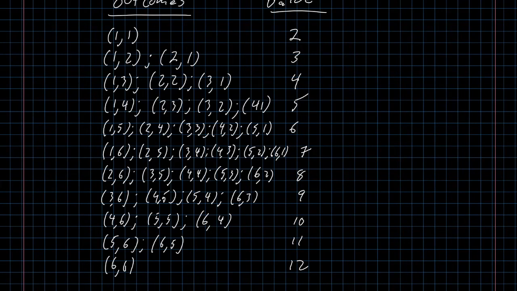It also gives me a nice way of thinking about these things grouped together. If I take all of the outcomes that give a particular value and I group them together as events, I form what's called a partition on the sample space.